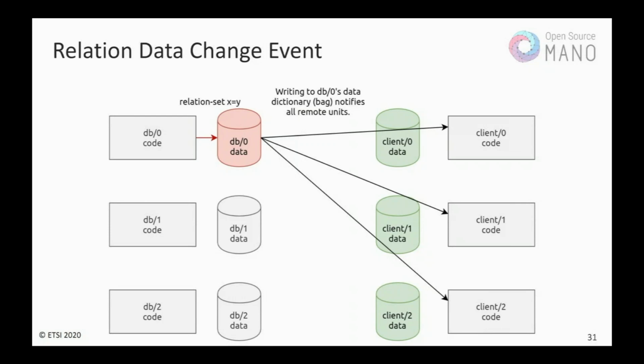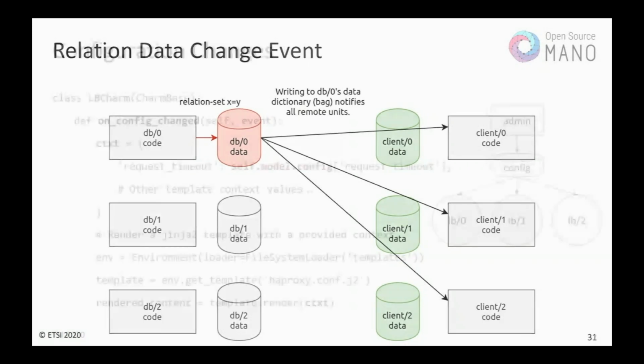So this allows you to broadcast the changes in relation data to remote units, and thus change the target model according to your needs. For example, a database could expose an IP address to be used for connections or credentials that are needed for that.